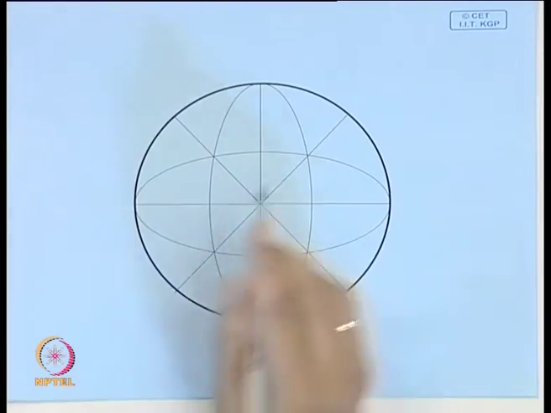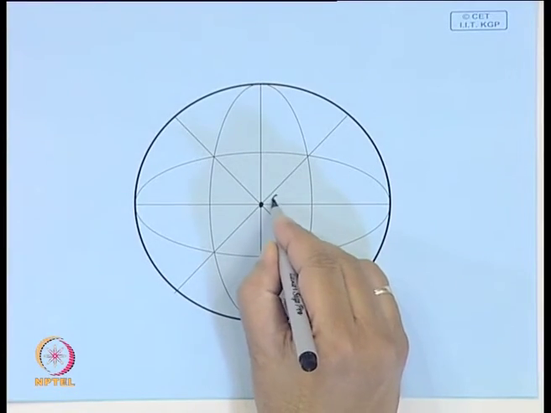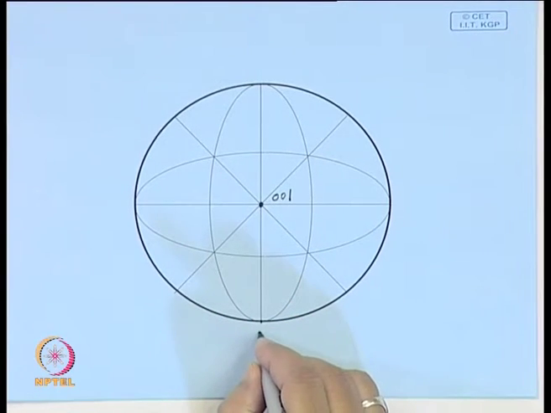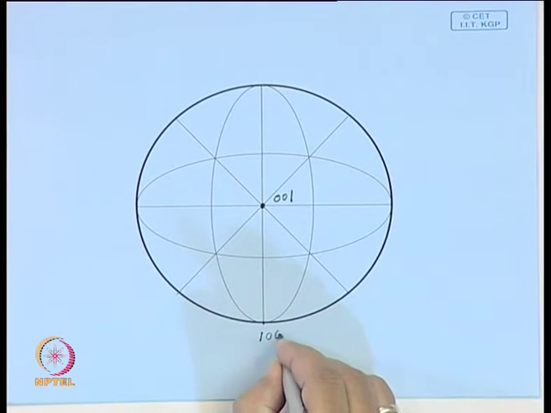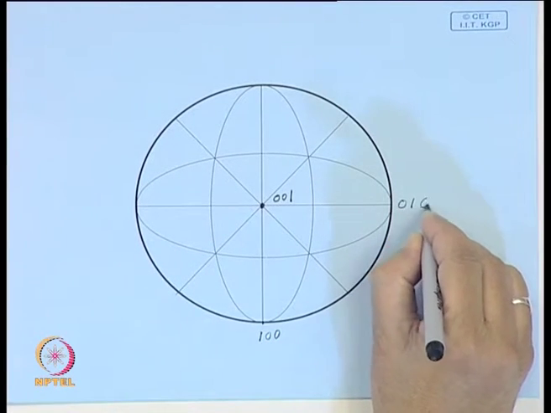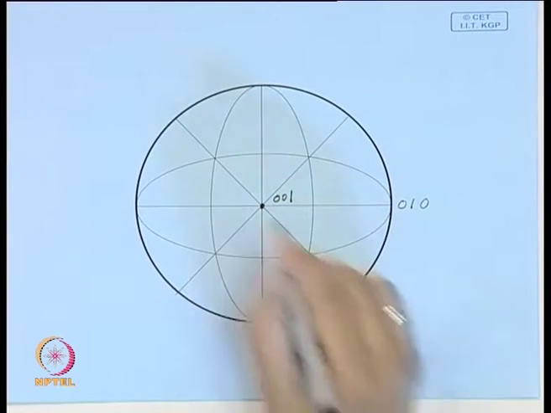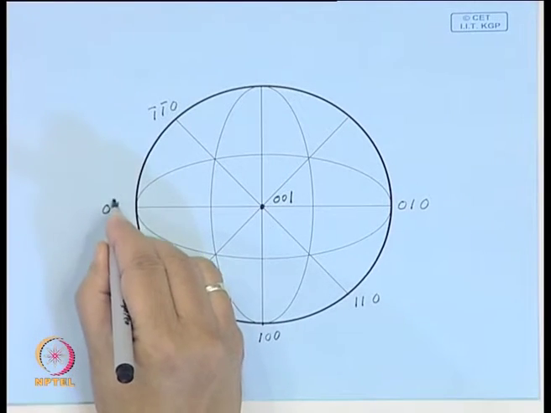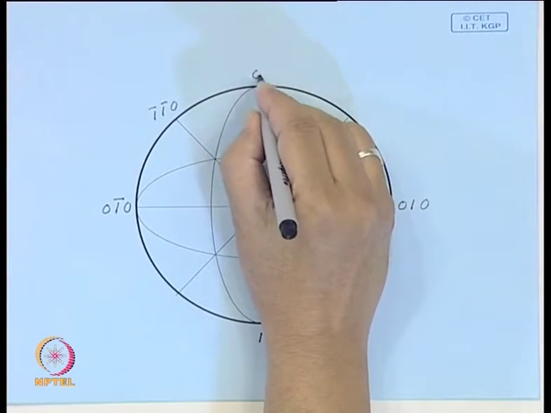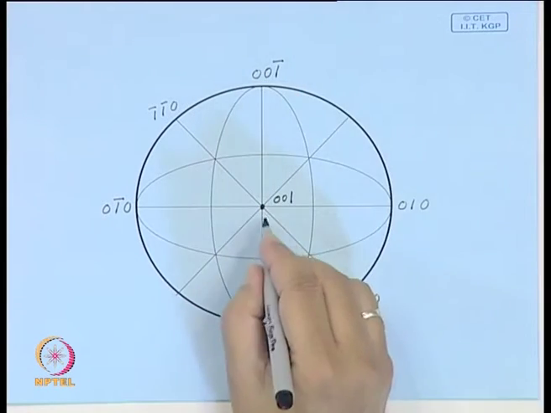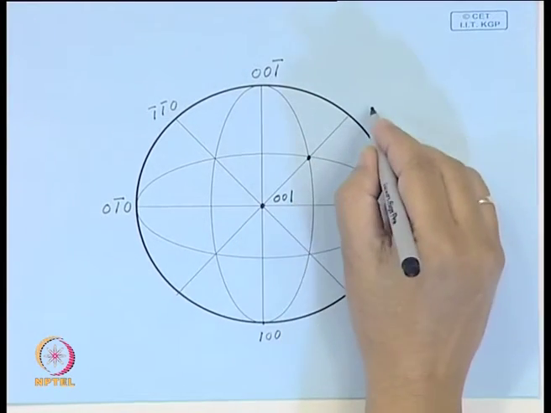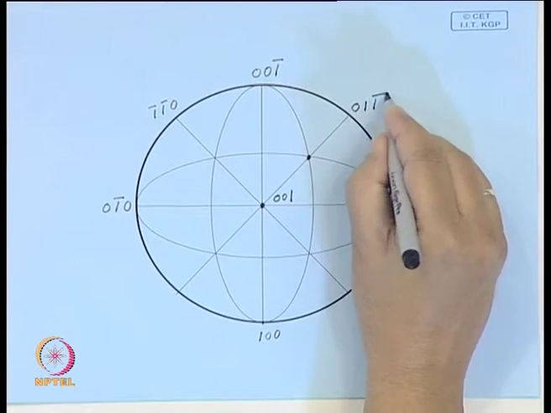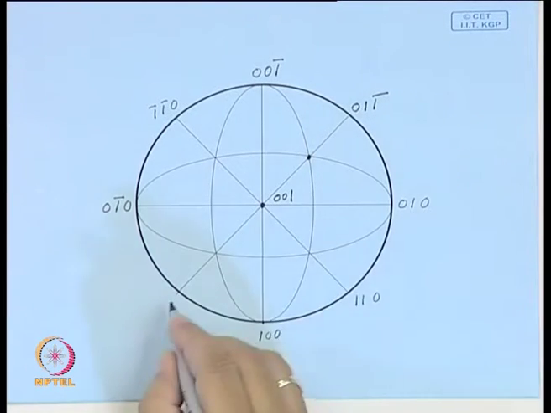Now, using this, suppose we say that this is 0, 0, 1, this is 1, 0, 0, this is 0, 1, 0, this is 1, 1, 0, this is 1 bar 0, this is 0 1 bar 0, this is 0 0 1 bar, and this is 0 1 1 bar.